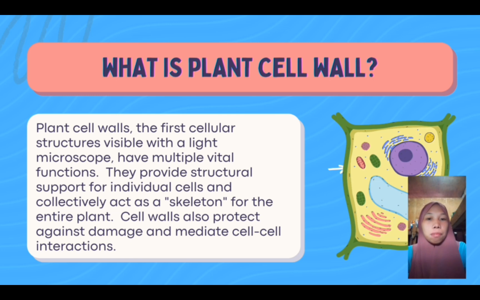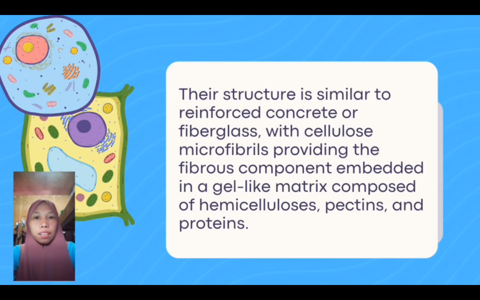So, pinoprotektahan ng mga cell wall ang cells laban sa damage tulad ng physical impacts or environmental stress. So, it also helps regulate interaction sa pagitan ng neighboring cells, which is crucial for plant growth and communication.